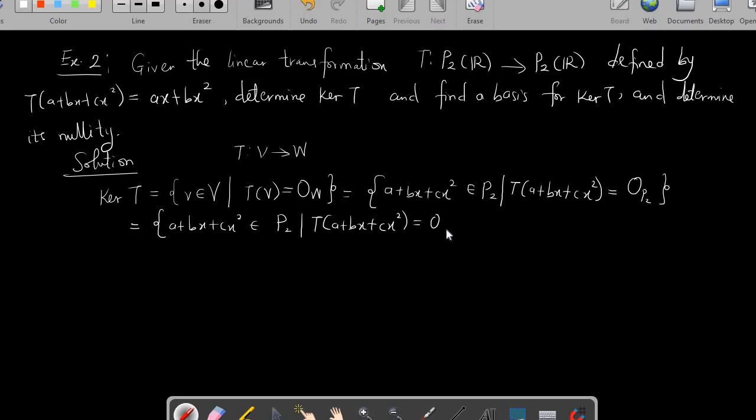What is the zero polynomial of P2? It will simply be 0 plus 0x plus 0x squared. This is the zero polynomial of P2, a polynomial of degree less than or equal to 2.